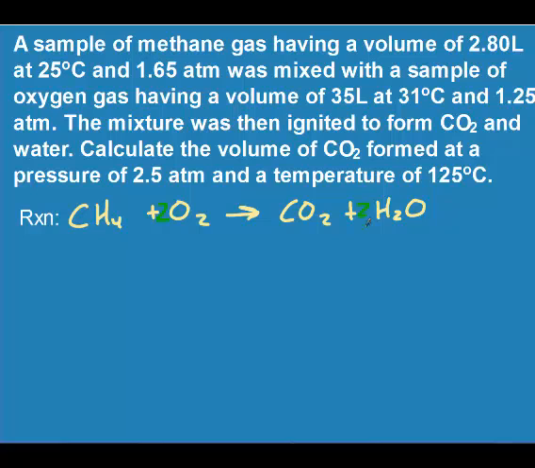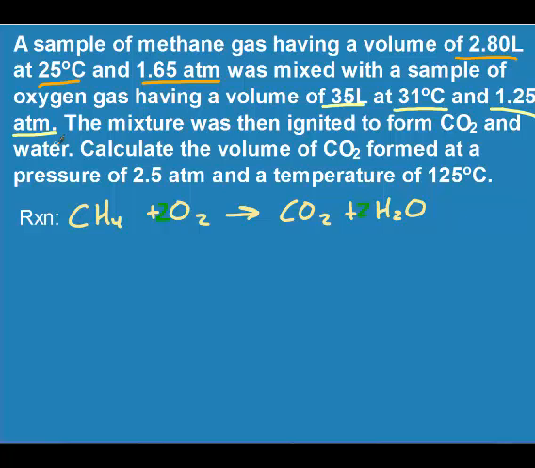So in this problem, we know our volume, our temperature, and our pressure for methane. And we know our volume, temperature, and pressure for oxygen. So this is a limiting reactant problem because they gave us 2 reactants and they gave us information about both reactants.